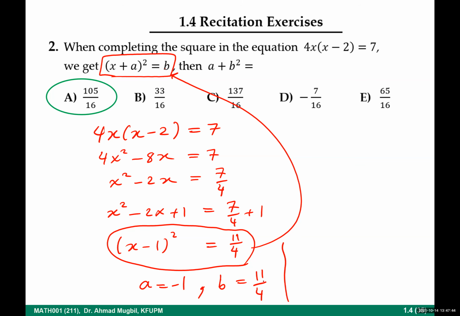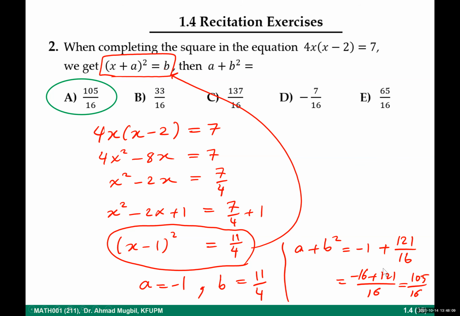Is it a plus b? No. It is a plus b squared. So it is -1 plus 121/16, which is -6 plus 121/16, which is what? 105/16. Right?